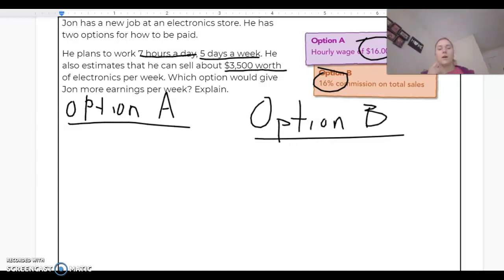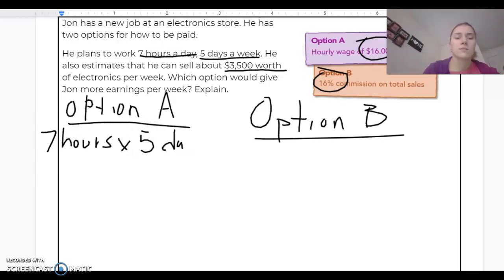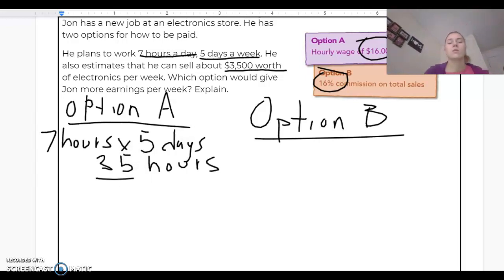Okay, so option A, hourly wage of $16. So let's see here. If he's working 7 hours a day, 5 days a week, that will give us 35 hours a week. Okay, 35 total hours. So that 35 needs to be multiplied by the $16 he'd be making hourly.